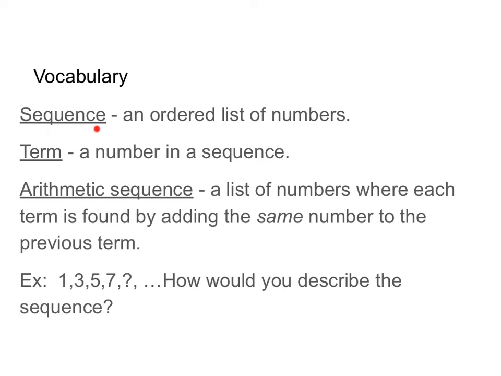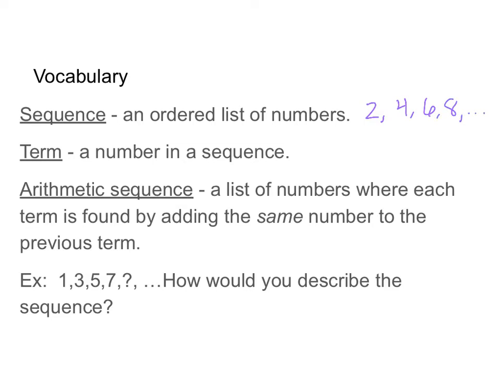So the first word is sequence. What is a sequence? It's an ordered list of numbers, like 2, 4, 6, 8, right? Term is a number in the sequence. So let me write a sequence like 2, 4, 6, 8, and then it continues, right?